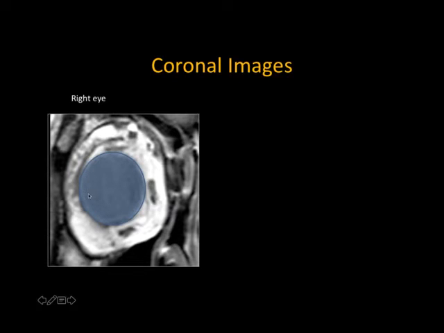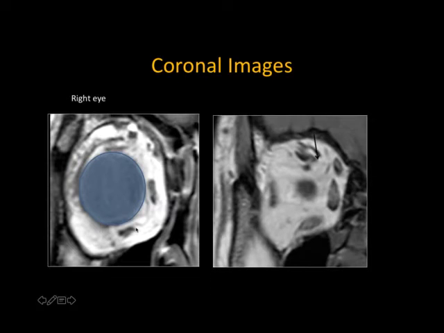So you see medial, lateral, superior, and inferior rectus, and the levator palpebrae superioris is located above the superior rectus. It is superficial to the superior rectus muscle. And here, which muscle is this? Superomedial is superior oblique, and inferior oblique would be below the inferior rectus muscle.